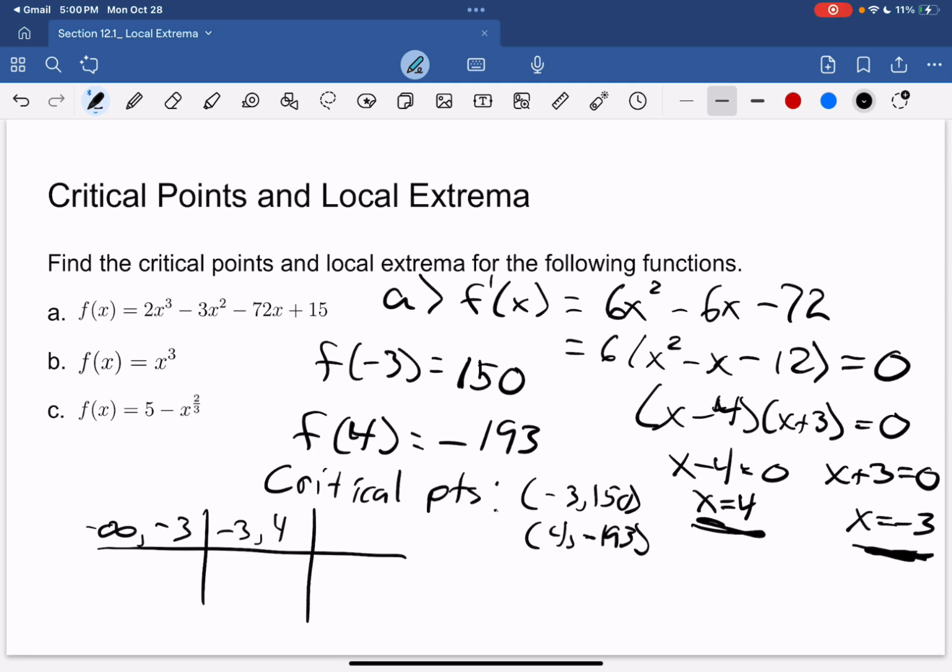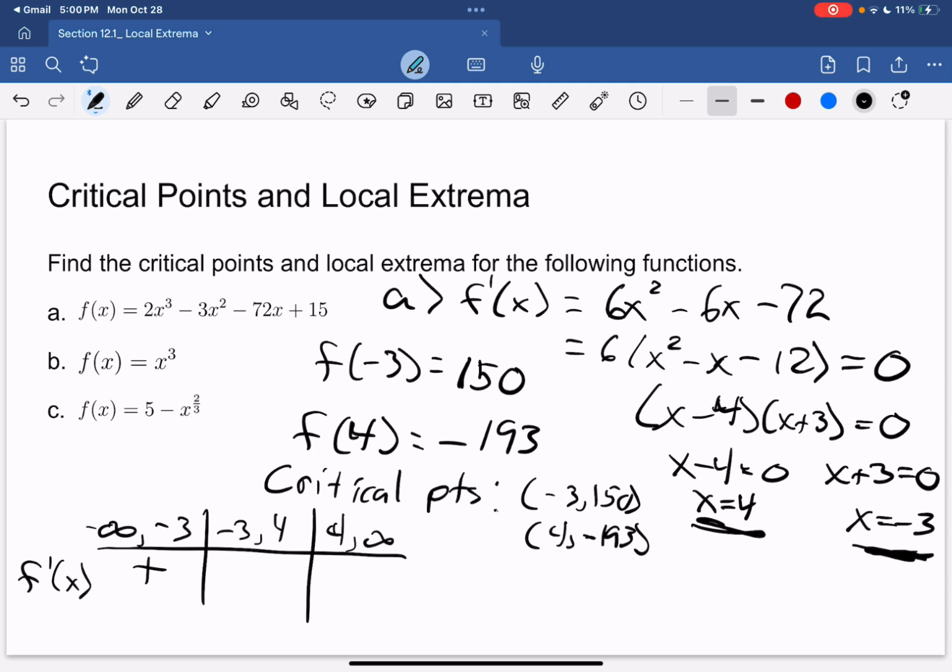And then I'm going to look from 4 to positive infinity. And I'm going to look at the derivative. Okay. So I pick out my favorite negative number, whatever it is, as long as it's less than -3, it doesn't matter. I square it. As soon as I see I square it, I know it's positive. Okay?